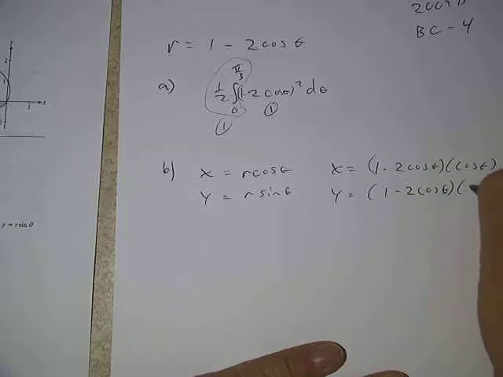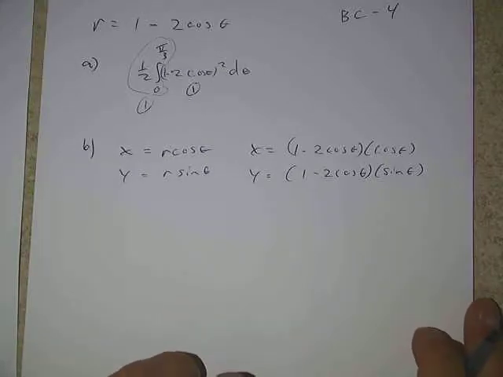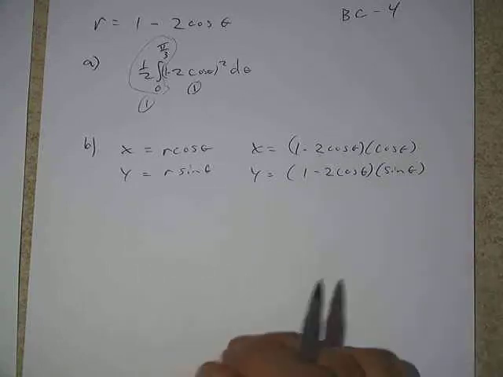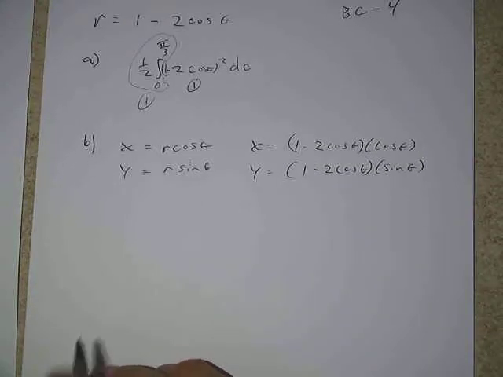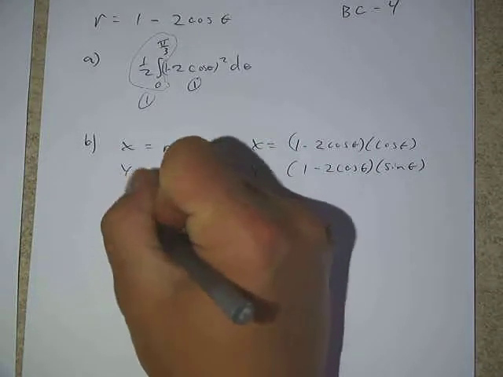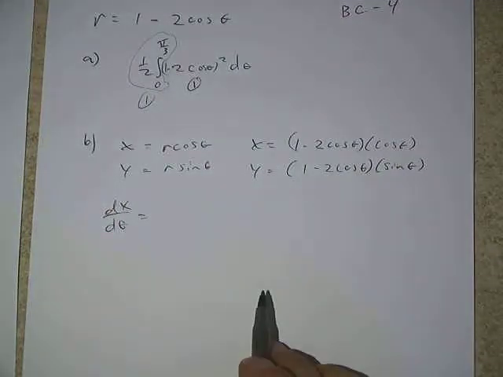So that means that x is equal to 1 minus 2 cosine theta times cosine theta. In same fashion, y would be 1 minus 2 cosine theta times sine theta. And we can simplify those if we want to. Bottom line here is that we need to take the derivatives with respect to theta. So we want dx d theta and dy d theta.